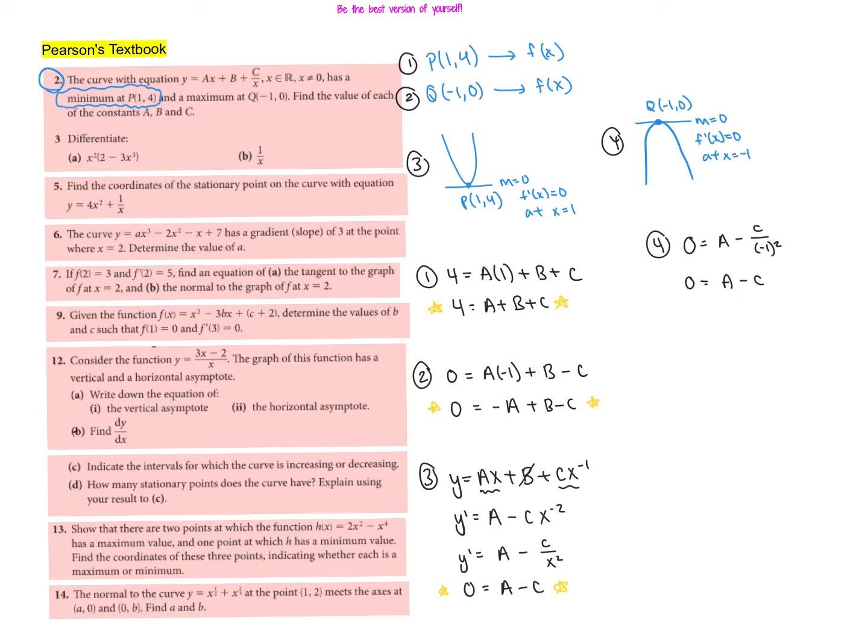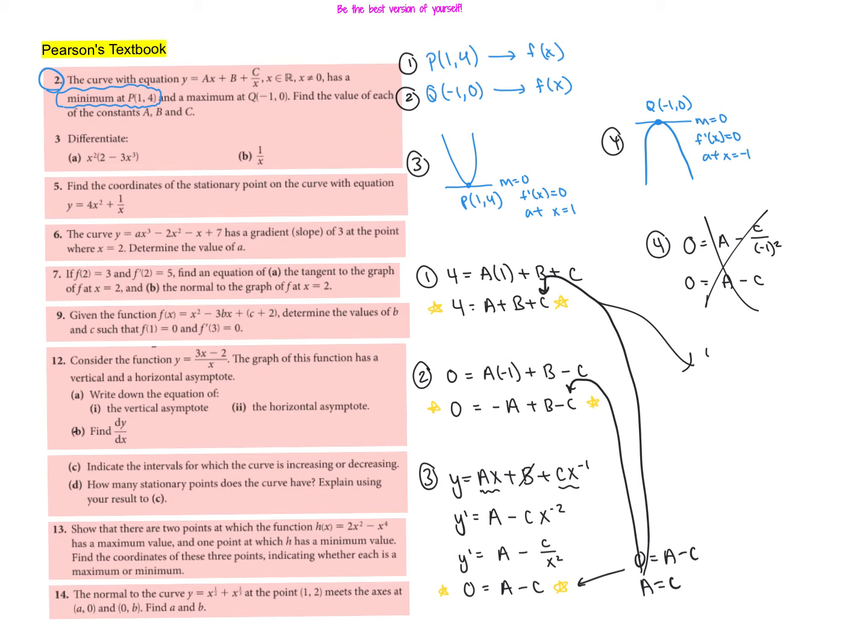Okay, so I don't really need this. What I am going to do is solve for a by adding c to both sides. So a equals c, okay. So now I'm going to plug in a for c in both equations.